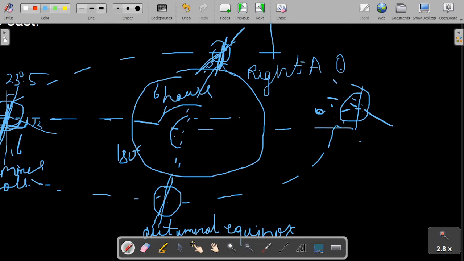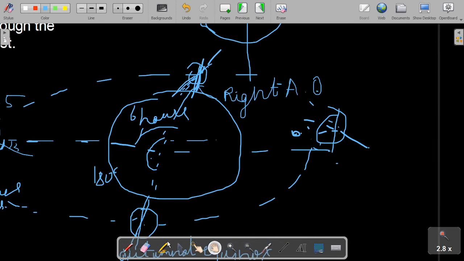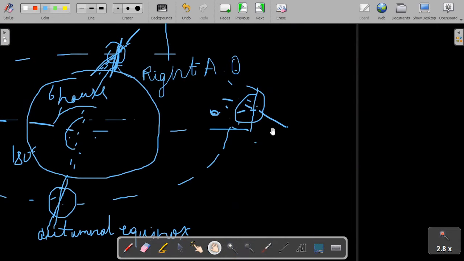This is valid if you consider the path or the trajectory of the Earth to be circular, which it is kinda, but not really because it's elliptical. Now come to the point of the winter solstice.